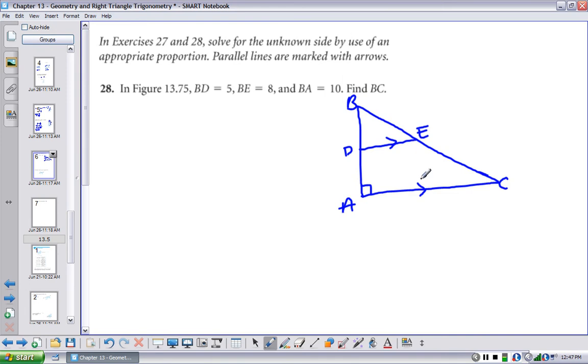So these two lines are parallel, DE and AC. It tells us BD is 5, BE is 8, and BA is 10. They want us to find BC.